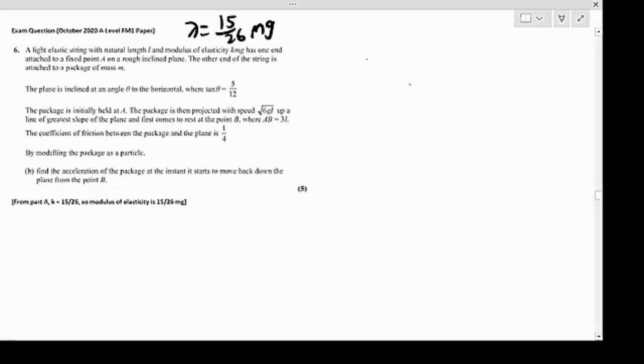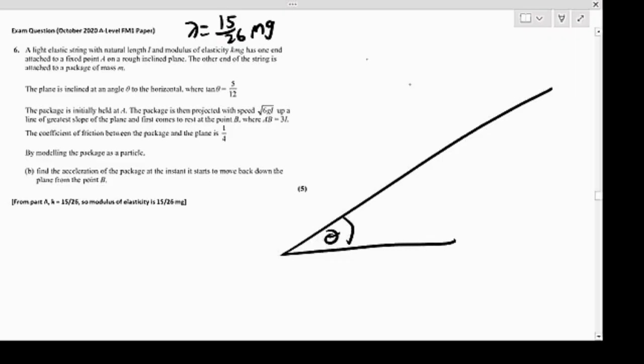So let's sketch the scenario. So again, as you can deduce, we've got this sort of slope again, with angle theta. Now, originally the package is held at a point A and it's projected up the slope. So you can imagine A, which is my fixed point. So the string is going to look like this.